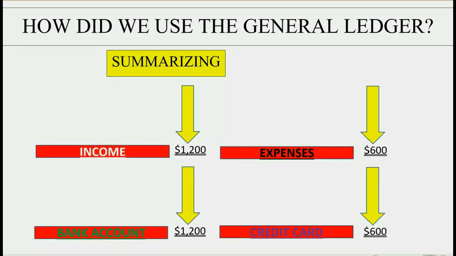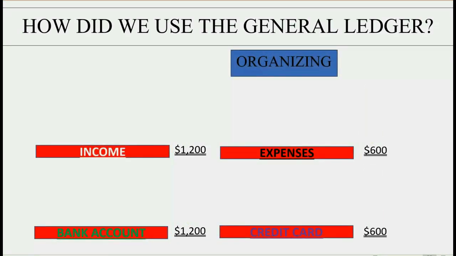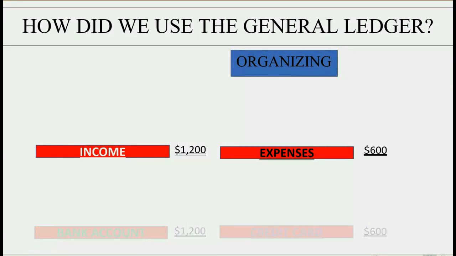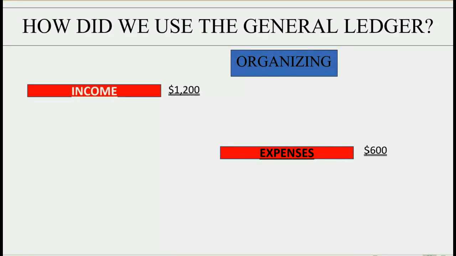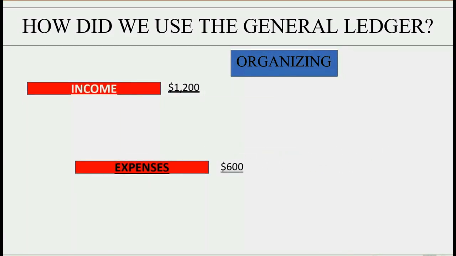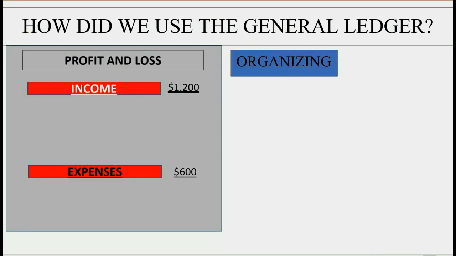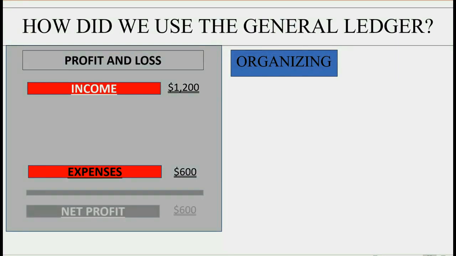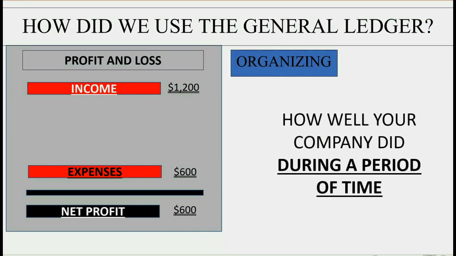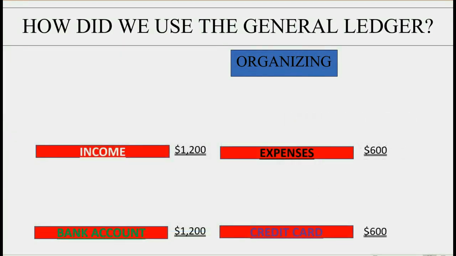We would then organize those totals onto the financial statements that we've been speaking about so that we can have a clear picture of what's going on in the business. For example, the results of all the income and expenses would be listed on a report called the profit and loss. And the profit and loss would clearly show how well your company did during a specific period of time.